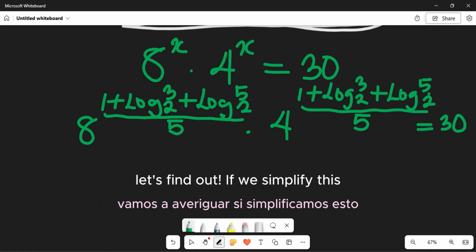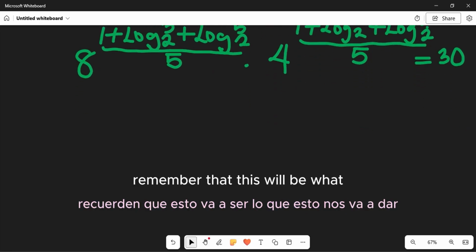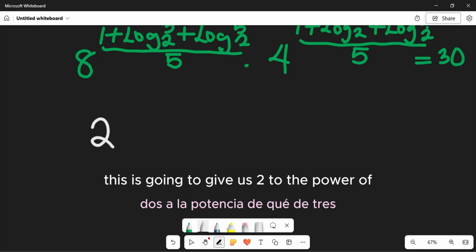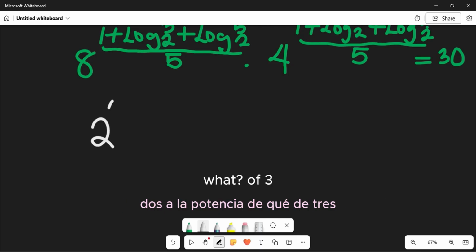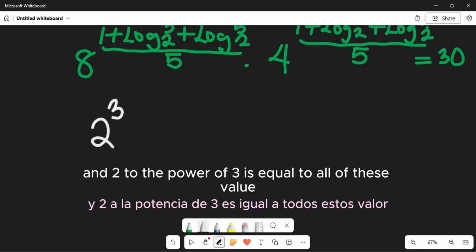Let's find out. If we simplify this, remember that this will be what? This is going to give us 2 to the power of 3, and 2 to the power of 3 is equal to all of these values.